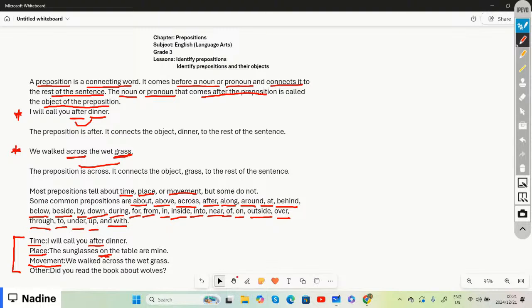And if we were to identify our preposition within that sentence, the movement, we walked across the wet grass. And then across is our preposition.